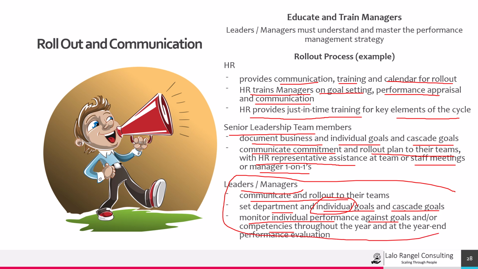All leaders, including middle management leaders, directors, the executive team, the C-suite, are responsible for making sure that everyone achieves their individual goals. And in the event of a performance derailment, they need to have that coaching conversation to make sure that performance is corrected and that goals are achieved.